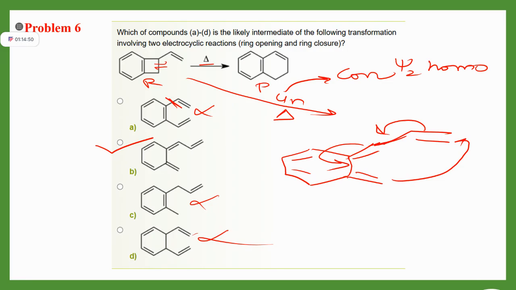Correct? If in the starting material the substituents are going towards the same side, under conrotation they will be cis-trans. Because pericyclic reactions are highly stereospecific. Stereochemistry of the product is totally dependent on the stereochemistry of the reactant.